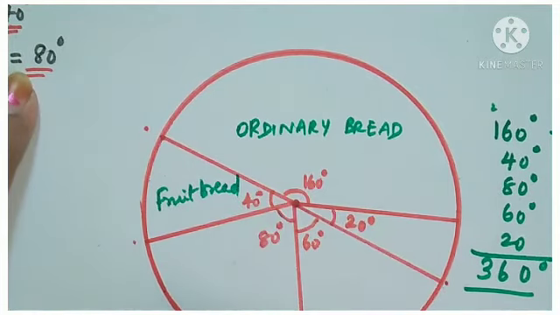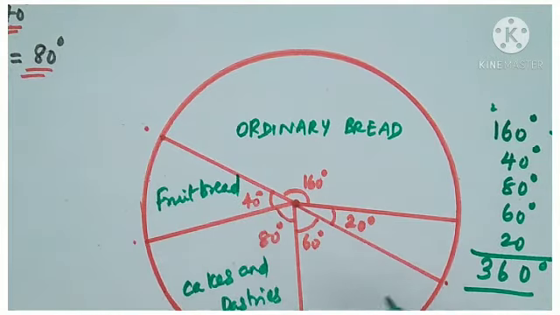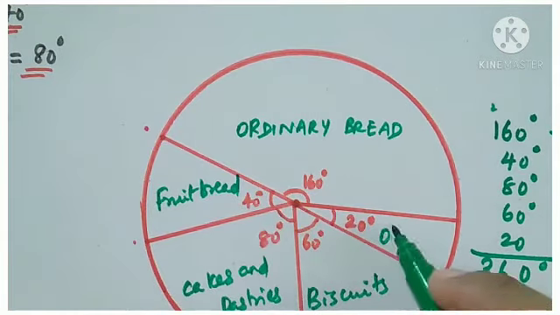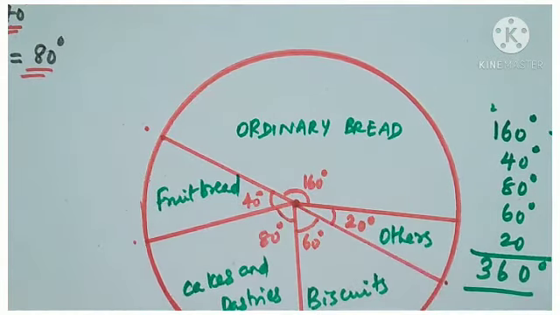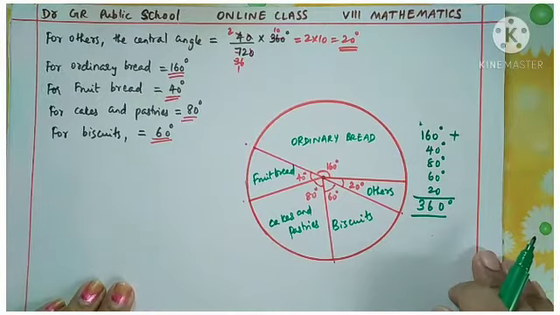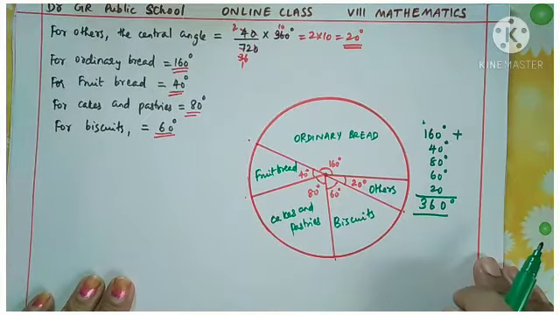Then 80 degrees cakes and pastries. Then biscuits 60 degrees and others 20 degrees. So thus we got the pie chart for the given items.